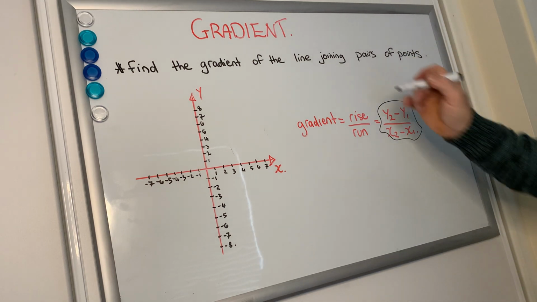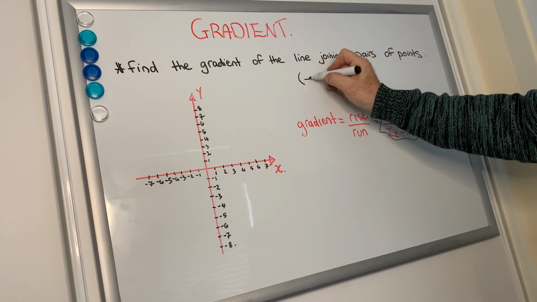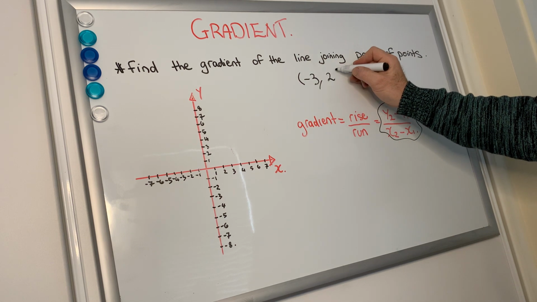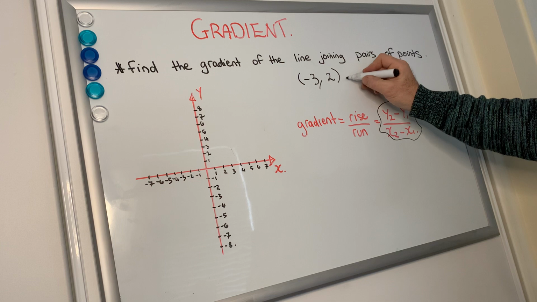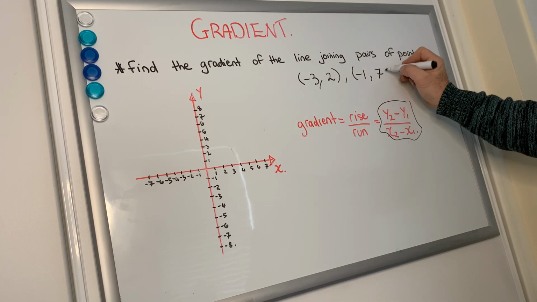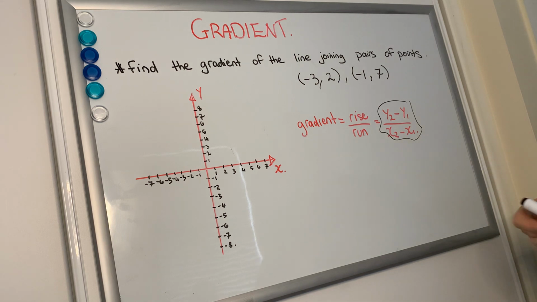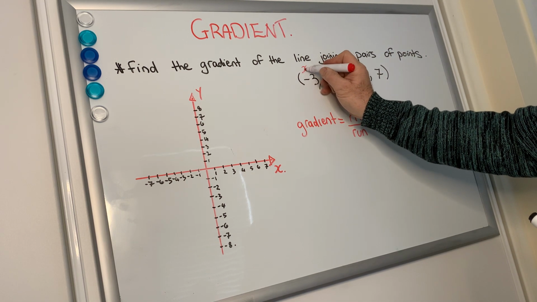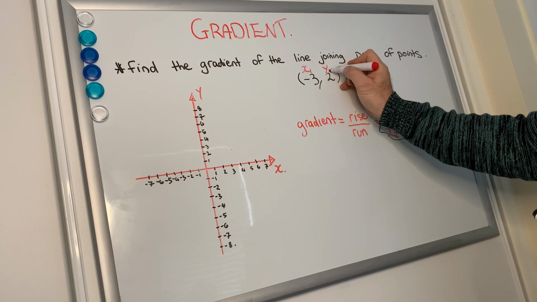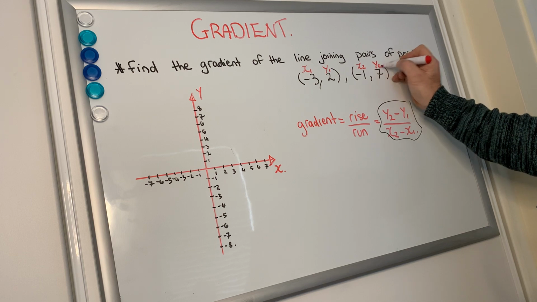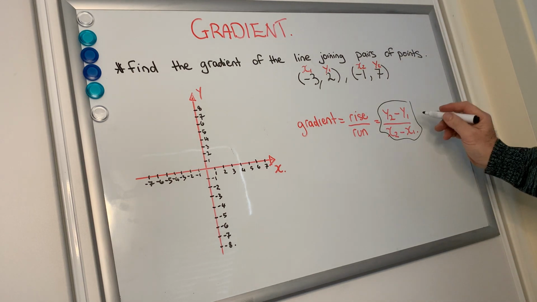Let's have a look and make it minus 3 and 2, and minus 1 and 7. So x1, y1, x2, y2. Same formula.